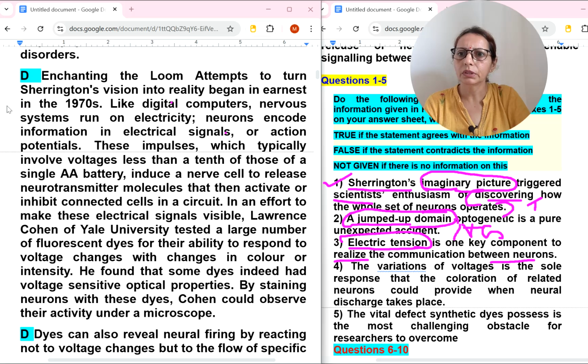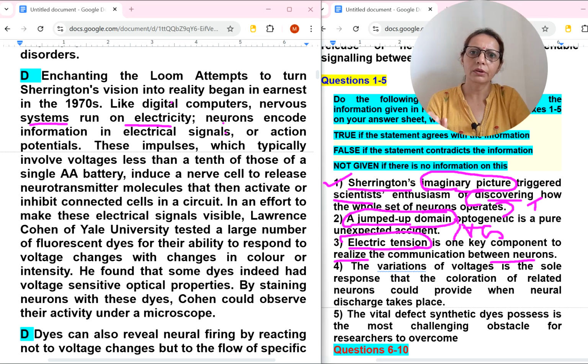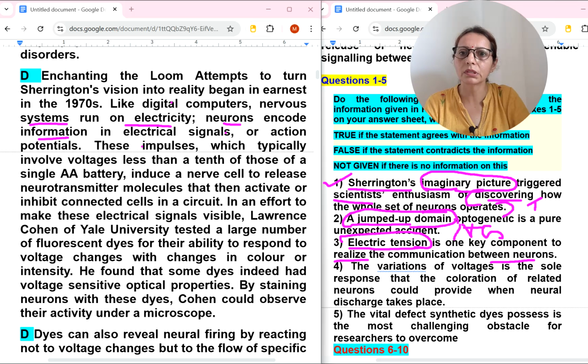So here we can see electric tension. We are looking for electric tension. Nervous systems run on electricity. Okay. Neurons encode information, communication between neurons. Like digital computers, nervous systems run on electricity.